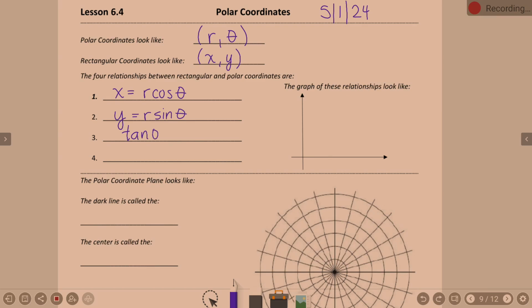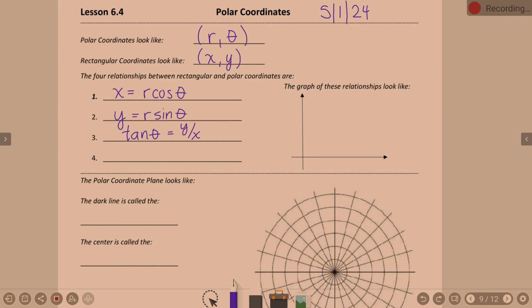Tangent of theta. What if we talked about tangent of theta being equal to sine over cosine? Turn that into x's and y's: sine over cosine is y over x.